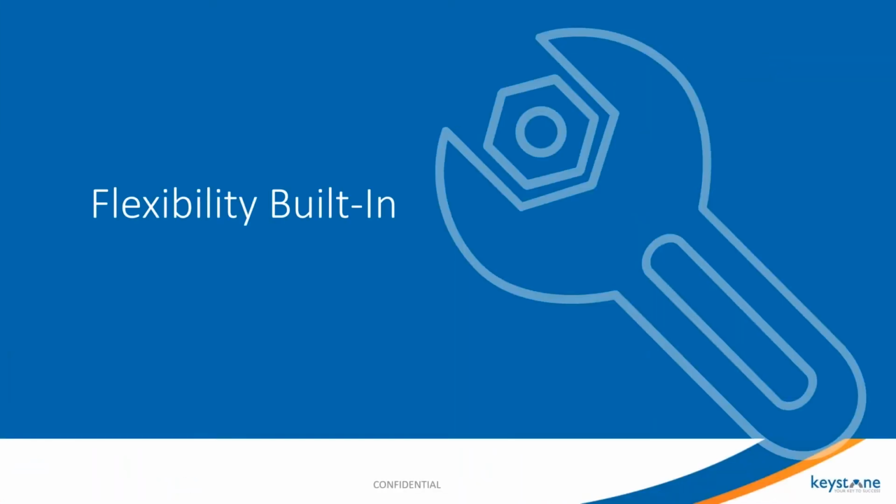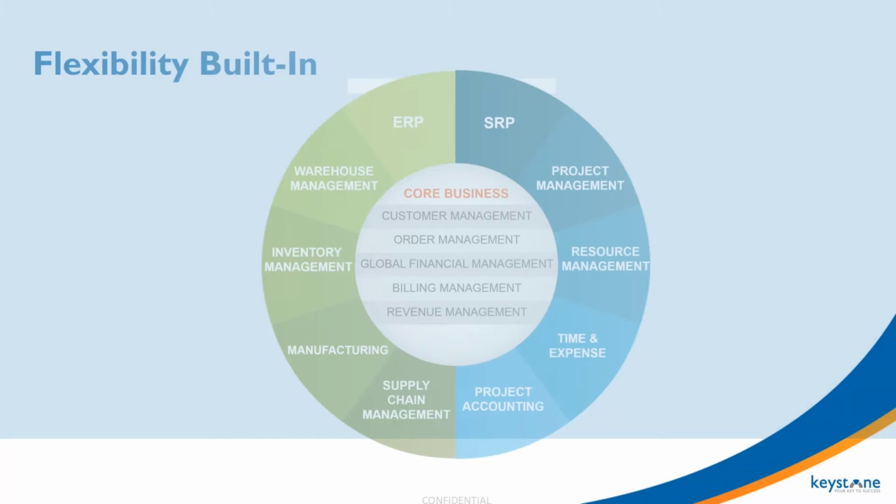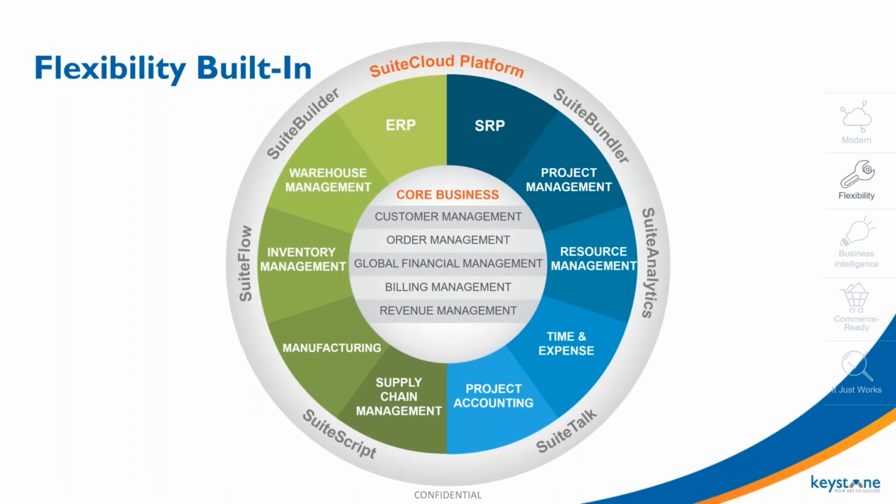And with that last point about being configurable, that really gives you a lot of flexibility. And that flexibility comes in two forms. One is the configurability. The other is because it's all in one system, when you need to change a process, you're changing it in one system, not in 5 systems that span different areas of the business.